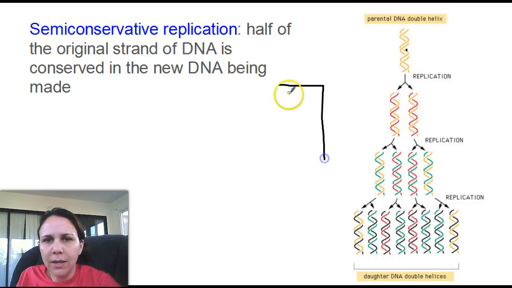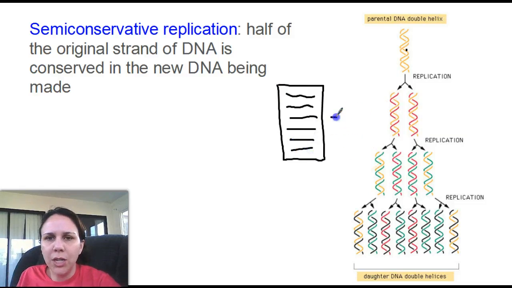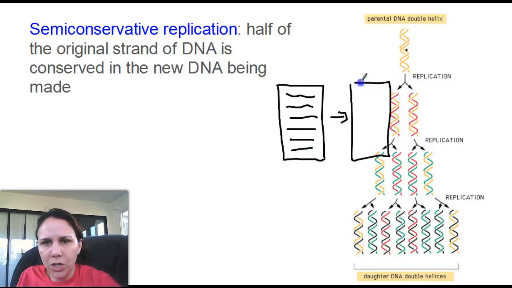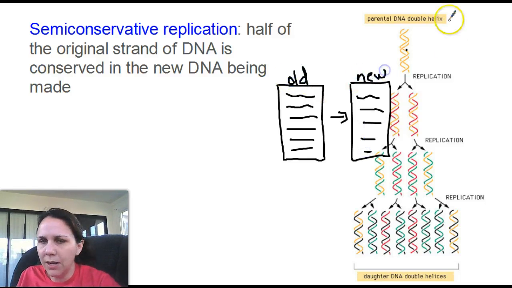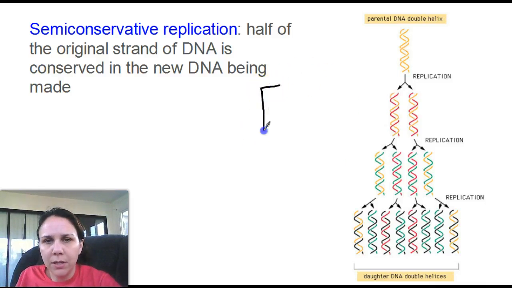That would be like, instead of photocopying on a photocopy machine, where I take my original and I put it on a machine, the photocopy machine, and I have my old paper and my new paper. It's not like that. What happens in semi-conservative is that I take my paper and I cut it in half. So now here's what happens.